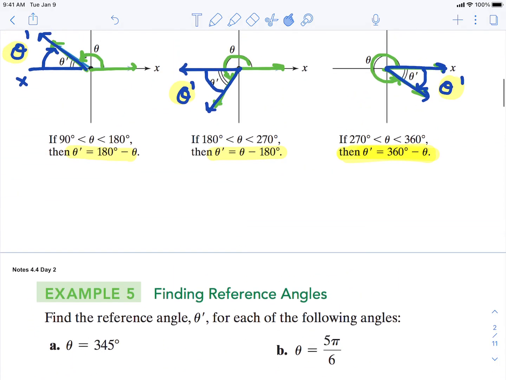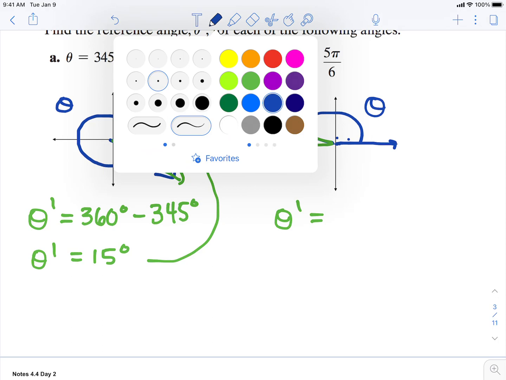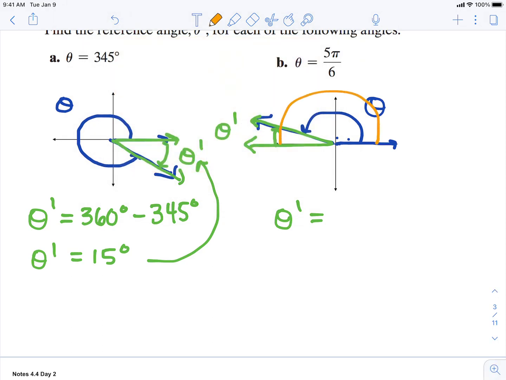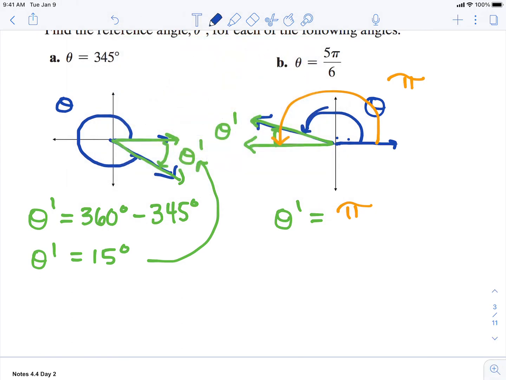So on this slide, we are in quadrant 2. And we want to find out in radian measure what that would be. So think about from here over, that is a distance of pi. And we want to subtract out this blue angle right here so that we're left with what's in the green.